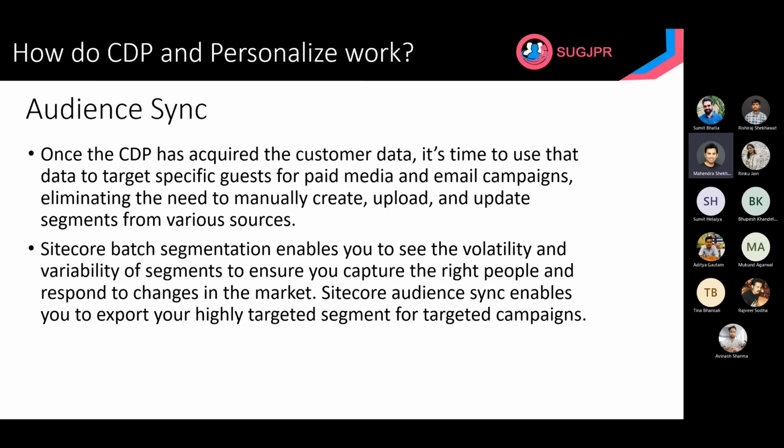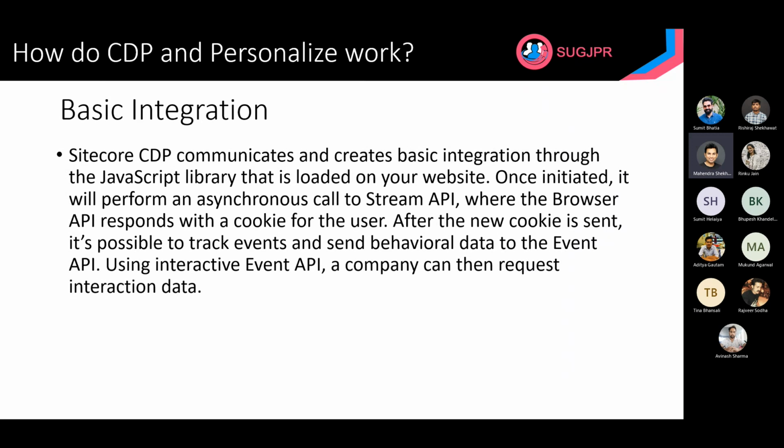This is called an audience sync, where you just define some rules, and it basically creates that kind of segment for you. Sitecore batch segments enable you to see the volatility and variability of segments to ensure you capture the right people and respond to changes in the market. We'll talk about this batch segment in a demo of our Sitecore CDP.